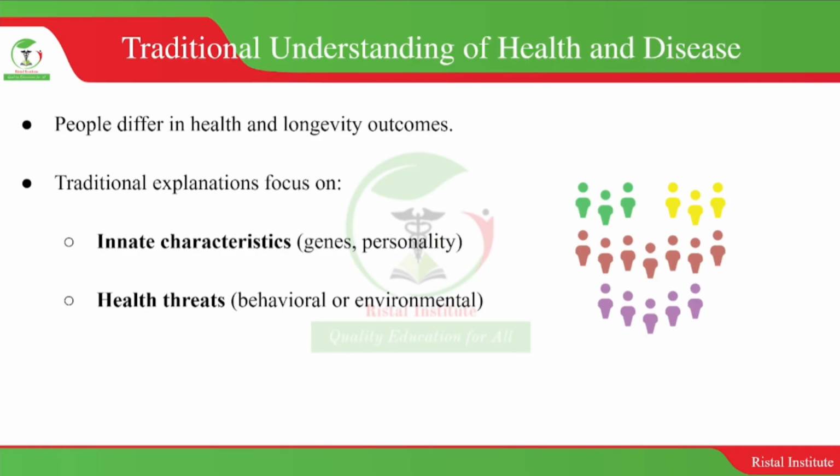So that means that when you look at, for example, a country, you see that certain regions are having better health outcomes compared to others. Those having better health outcomes are the ones where we expect few mortalities, few people having diseases, and people living longer.